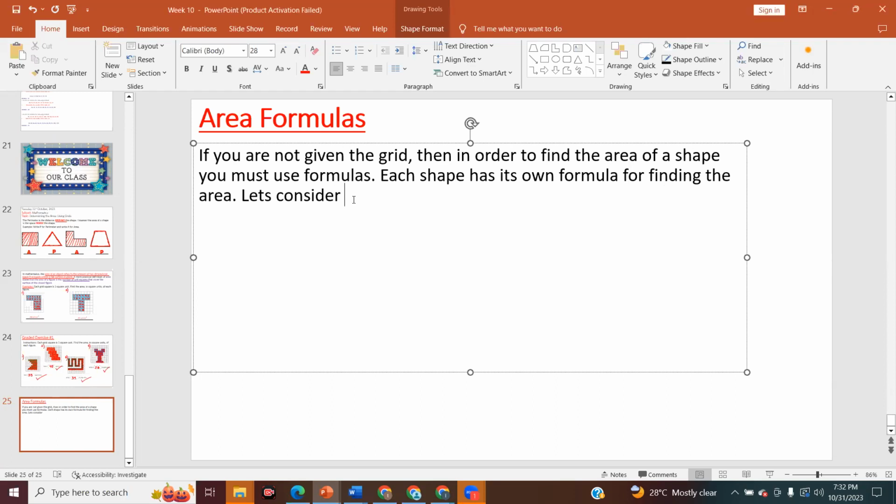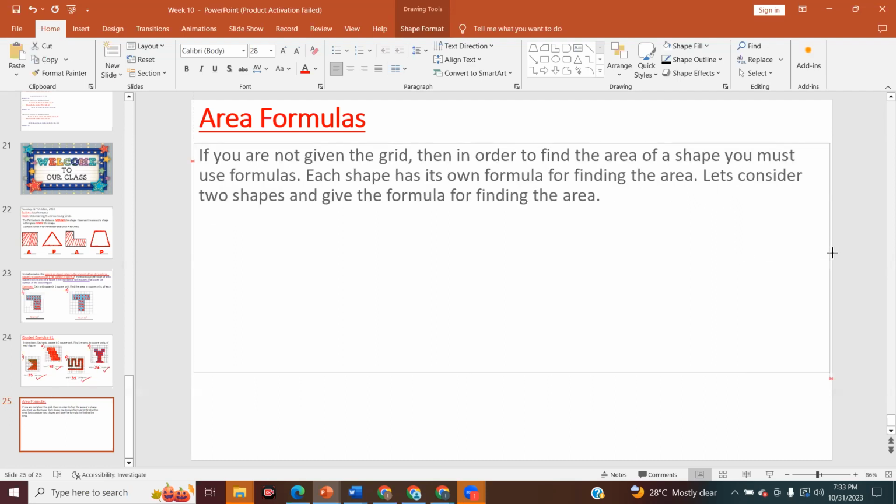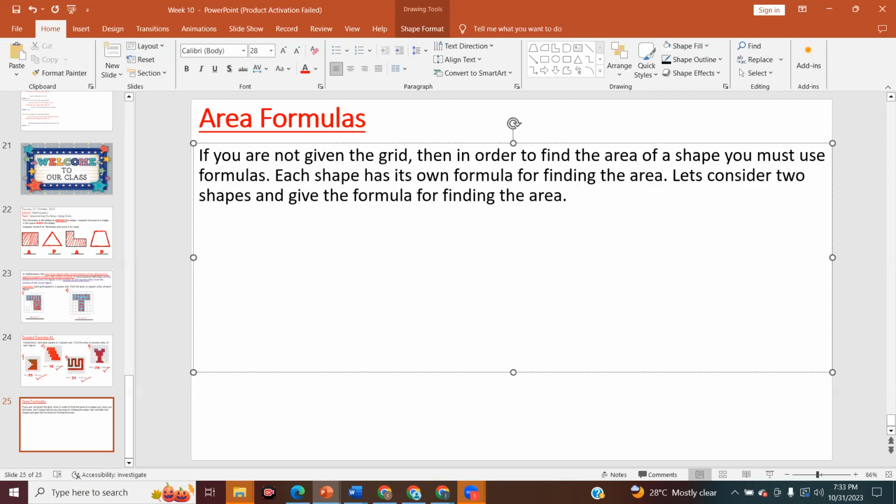Let's consider two shapes and give the formula for finding the area. The first one is a square. The area of a square is equal to the length of the square multiplied by what?